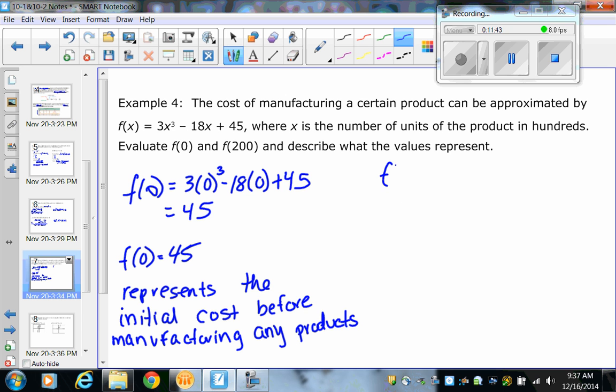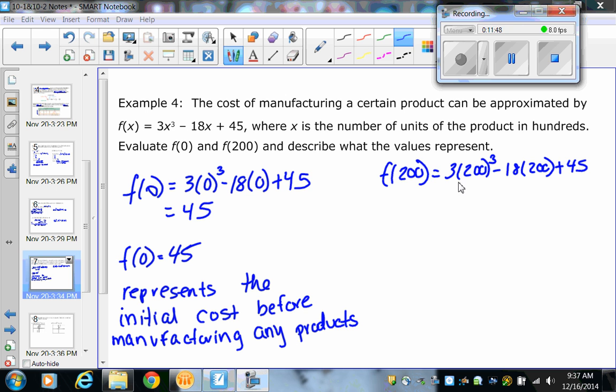And then we're going to do f of 200 the same way. So I'm going to plug in 200. When I plug in 200 and I type this in my calculator, I'm going to get that f of 200 equals this really big number.